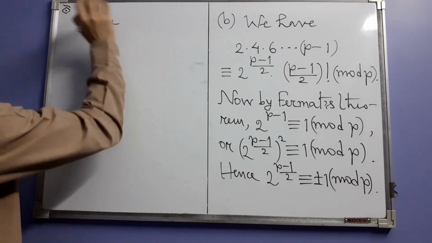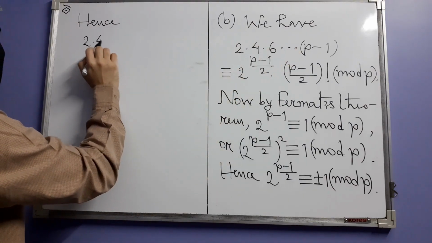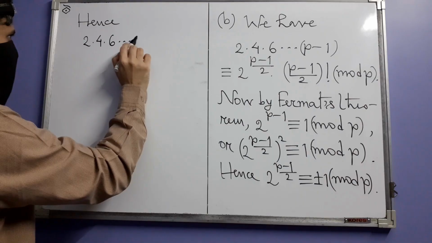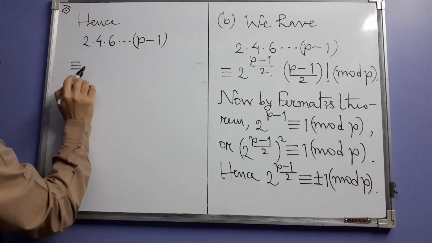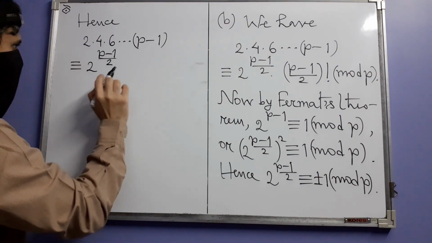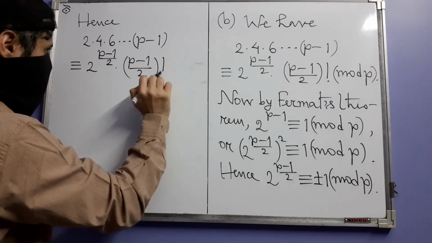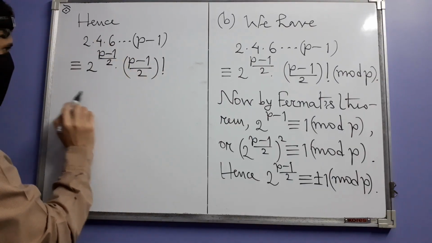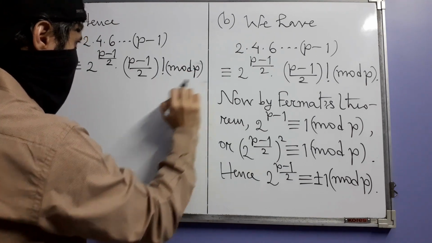Hence, going back to that, 2 times 4 times 6 and so on up to p minus 1 is this times p minus 1 over 2 factorial. We can keep writing modulo p if you want.